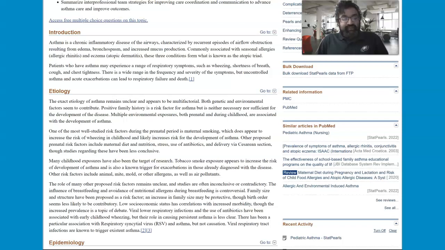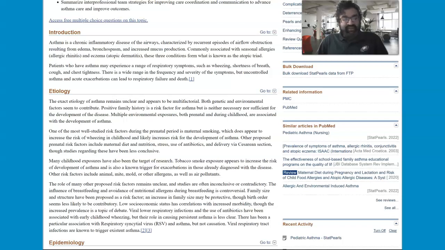One incredibly important risk factor is the prenatal period, when maternal smoking can negatively affect development. This appears to increase the risk of wheezing in childhood and likely increases the risk for the development of asthma. Maternal diet and nutrition, stress, use of antibiotics, and delivery via C-section have also been associated with increased asthma.